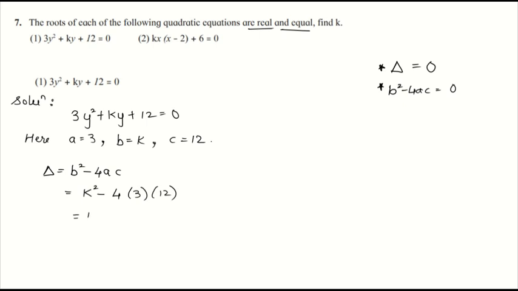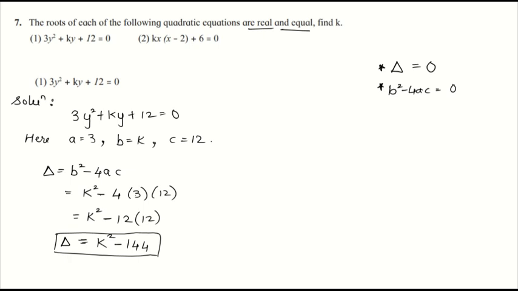Solve this now. Minus into plus is minus, 4 into 3 is 12, into 12 again. Therefore, k square minus 144. Here we got the value of delta as k square minus 144.